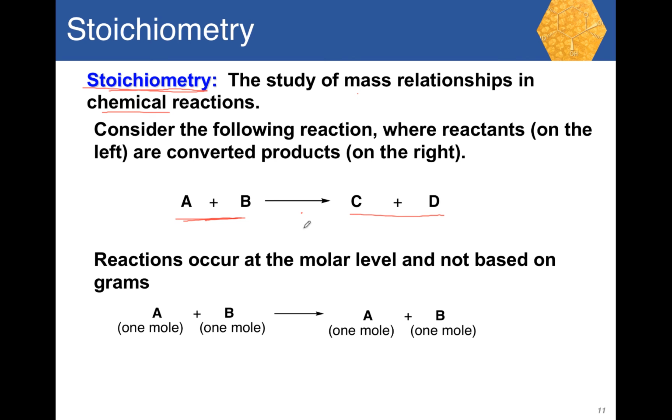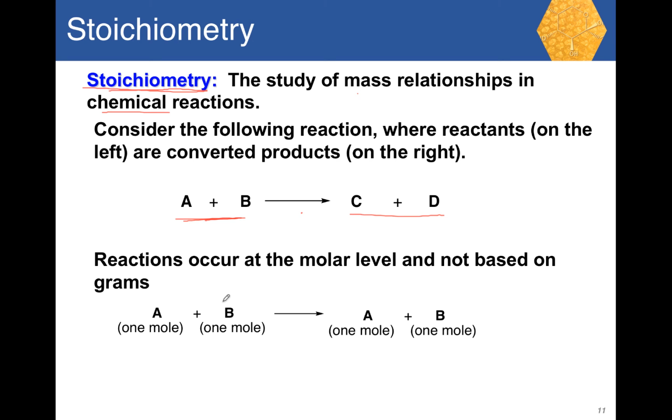What this is saying is that A plus B reacts to give products C plus D. What actually occurs, however, is that it is not 1 gram of A reacting with 1 gram of B. That is not the case, because we know that reactions take place at the atomic level.